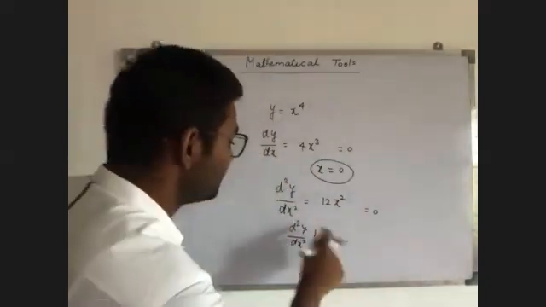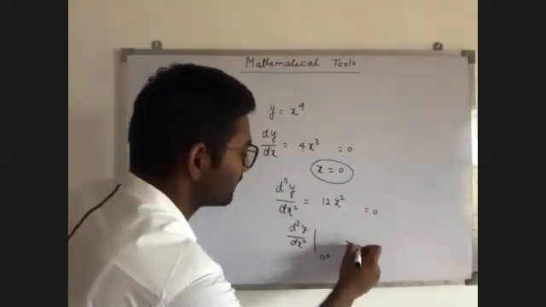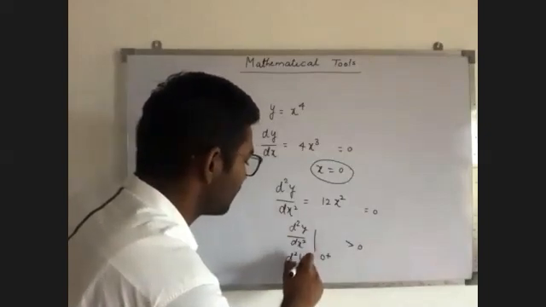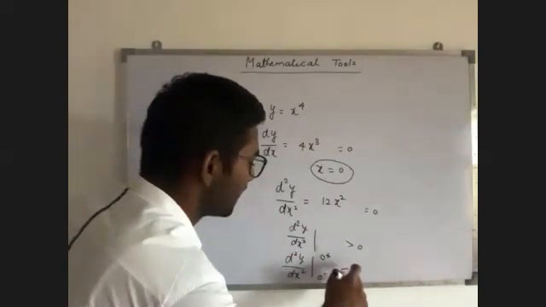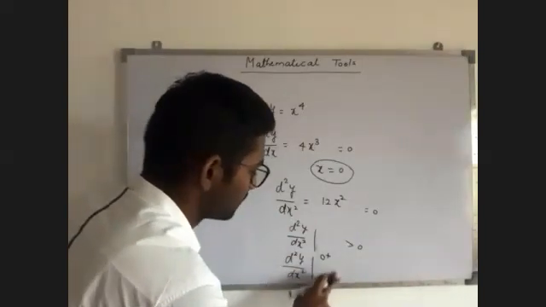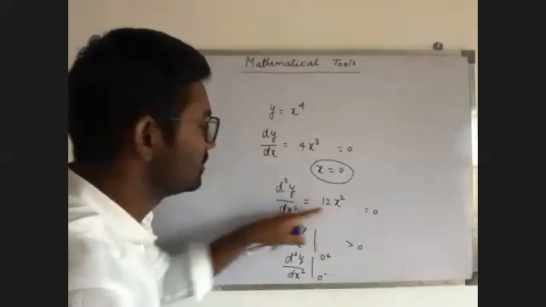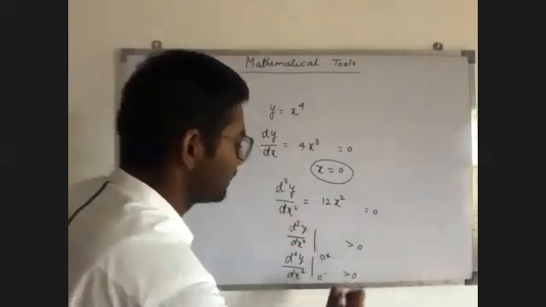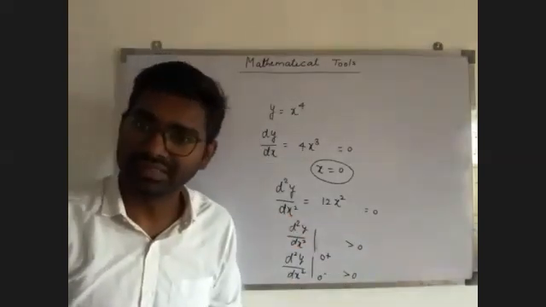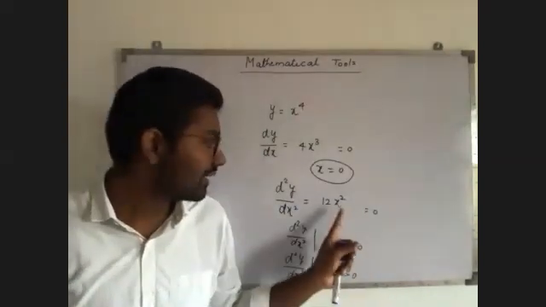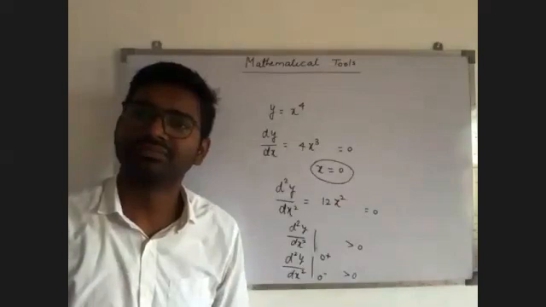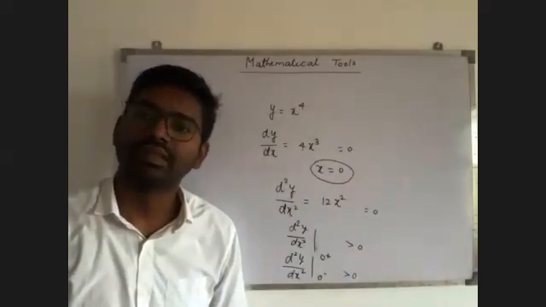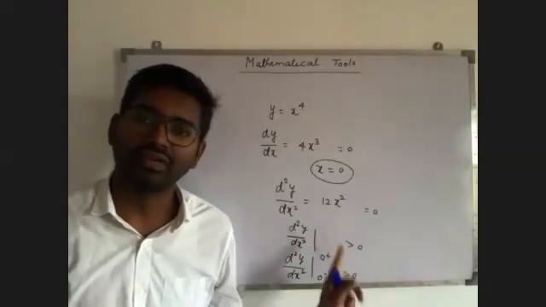Can I say that d2y over dx square will be greater than 0? And d2y over dx square for 0 minus, can I say that it will also be greater than 0? Is it right? For 0 plus and 0 minus, because this is a square, can I say that I will get greater than 0? Everyone understand?